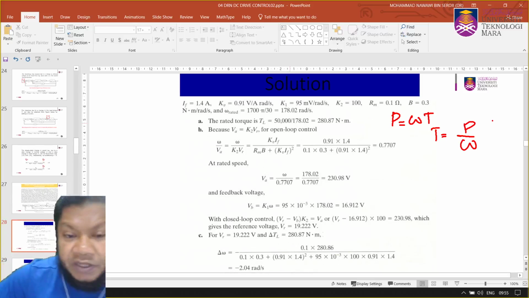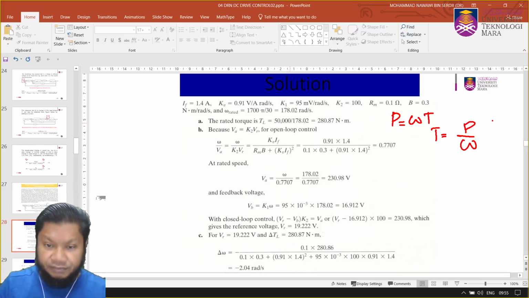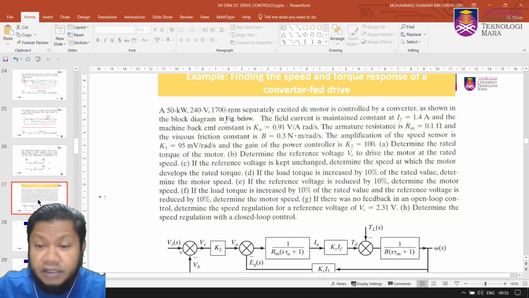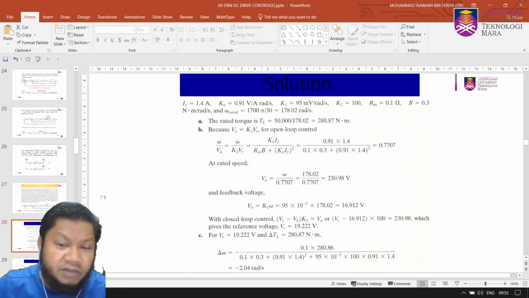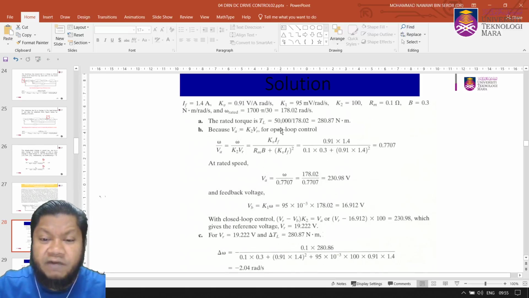280.87 Newton meter. Because VA equals K2 VR for open loop control.